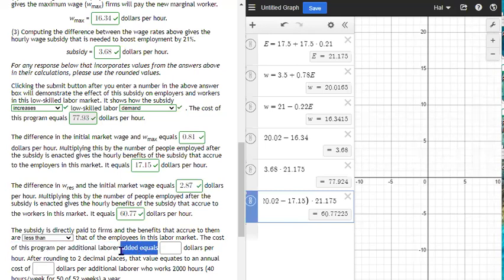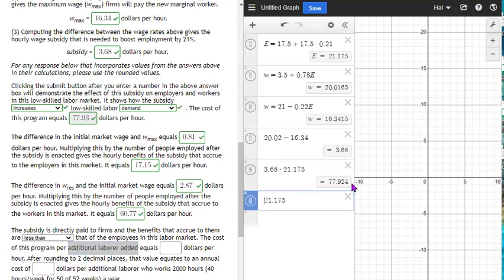How many workers were added to the labor market, right? That's what I'm asking. Right here, we're going to take the cost of the program, which we've already calculated, 77.93. The cost of this program, we're going to divide that by the workers that were drawn into the labor market, right? And the workers that were drawn into the labor market equal what?